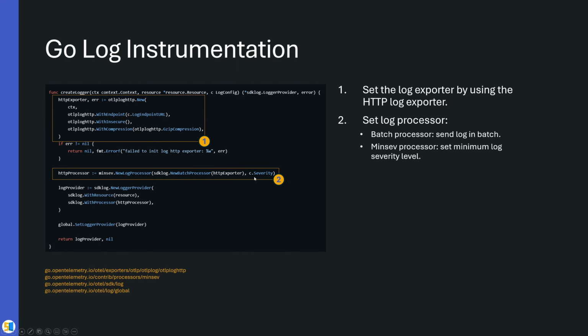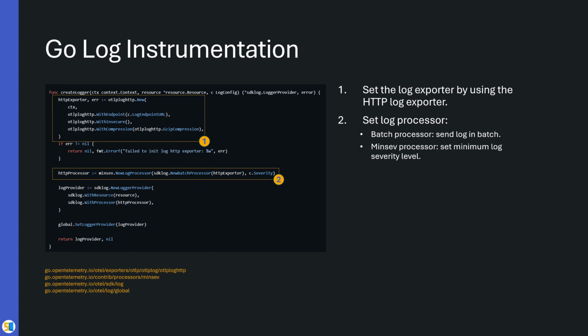There are two processors that I use here. First is a batch processor, which will send the logs in batches. And second, there is a min-severity processor, which will set the minimum log severity level to be sent to the backends.